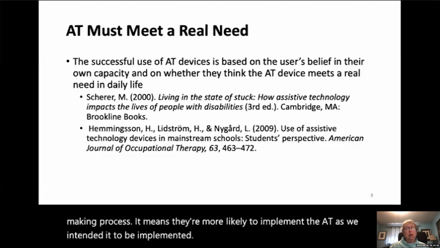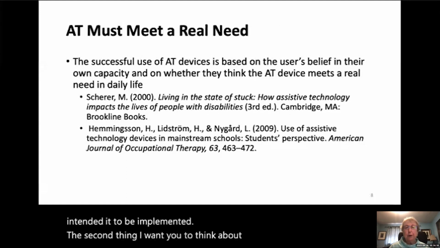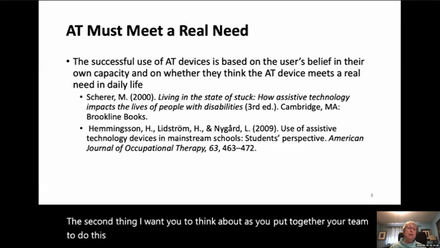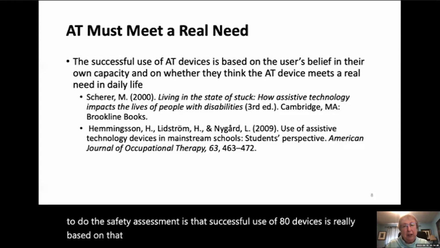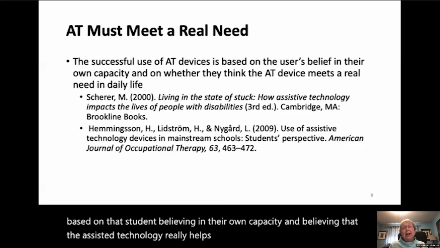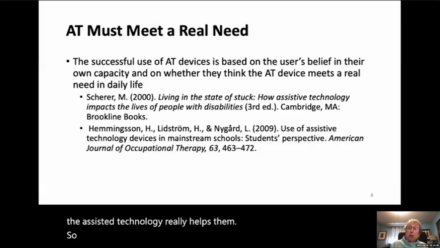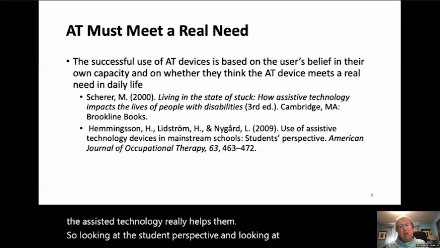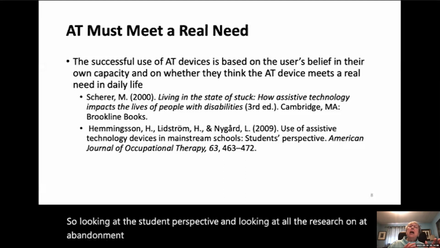The second thing I want you to think about as you put together your team to do this AT assessment is that successful use of AT devices is really based on that student believing in their own capacity and believing that the assistive technology really helps them. So looking at the student perspective and at all the research on AT abandonment, if it's not used, it gets abandoned.